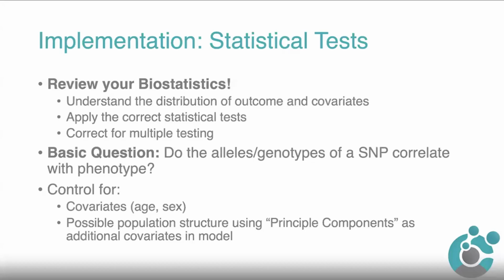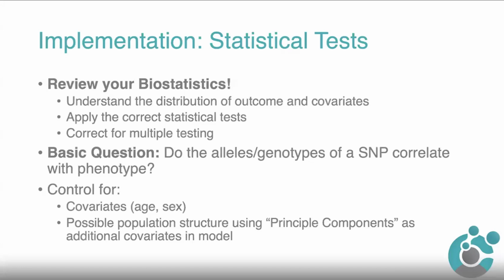I would say any genome-wide association study starts, apart from the genetics, with looking at your outcome, covariates, and confounding, making sure that you understand the outcome that you're studying and are using the appropriate covariates to control for confounding in your model.